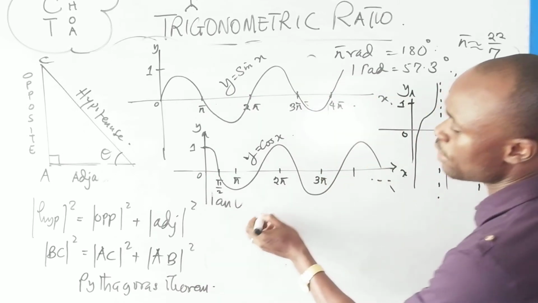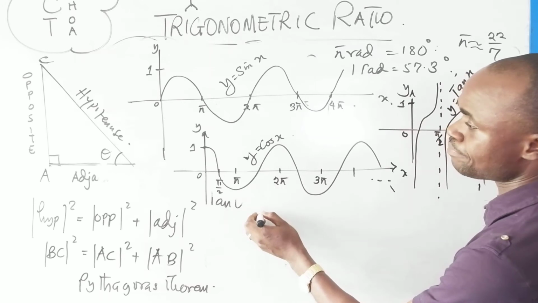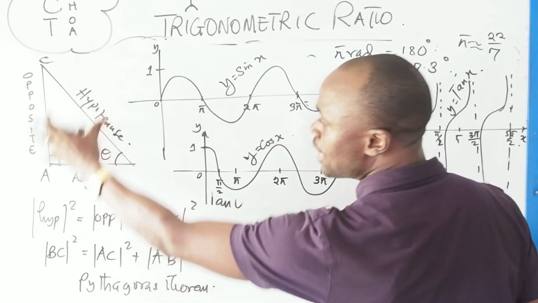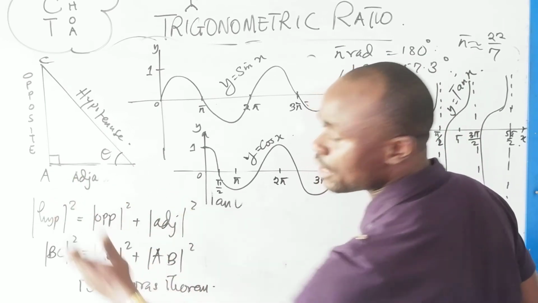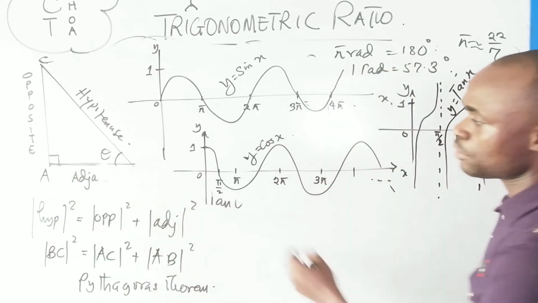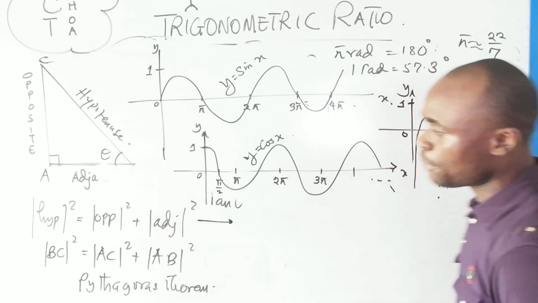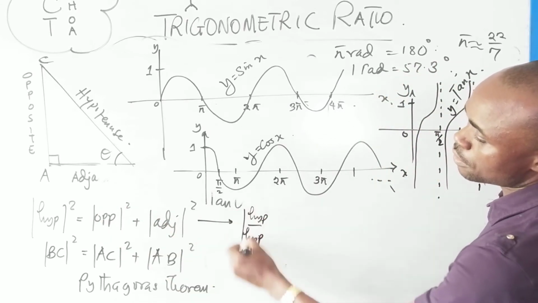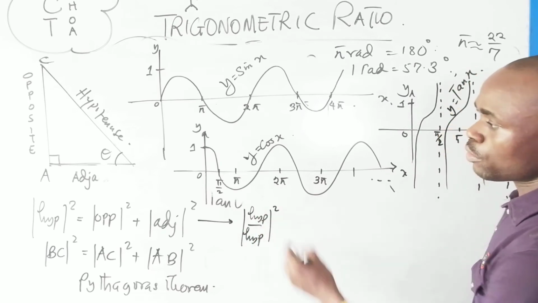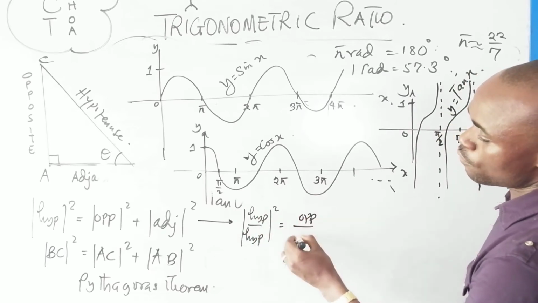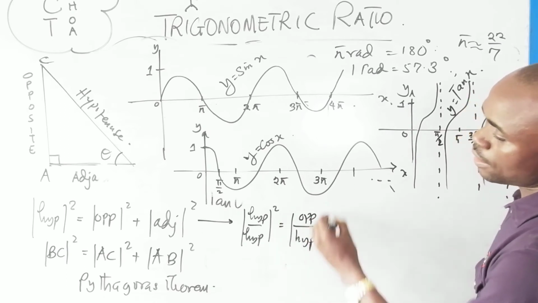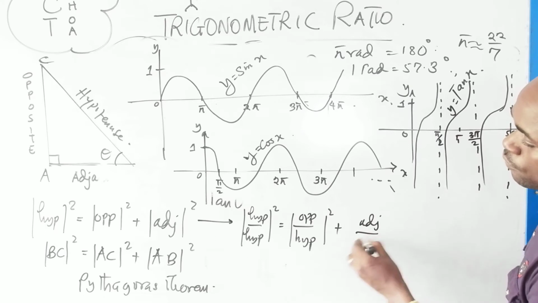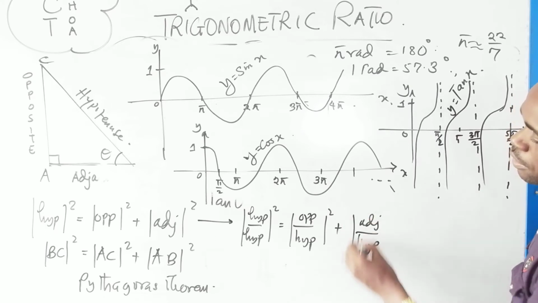The first thing is that when we have the Pythagoras theorem, I can decide to get the ratio of this. I can decide to divide all what you have there with hypotenuse squared. I mean this equation, divide all this with hypotenuse squared. I'm going to have hypotenuse over hypotenuse squared, and opposite over hypotenuse squared, and adjacent over hypotenuse squared.